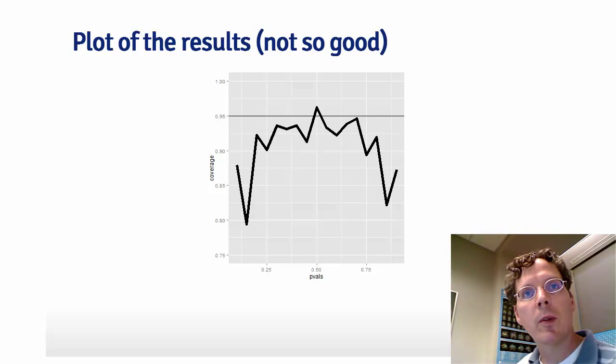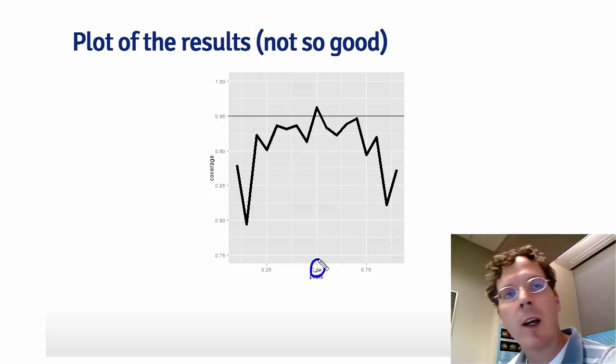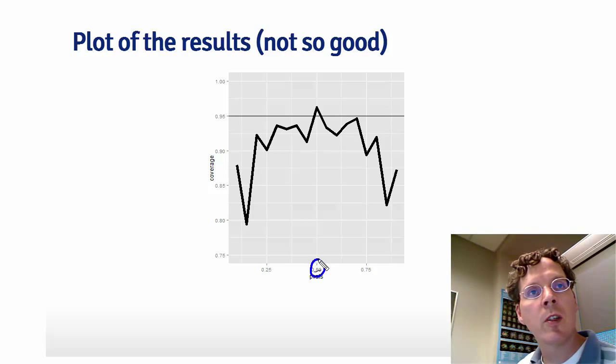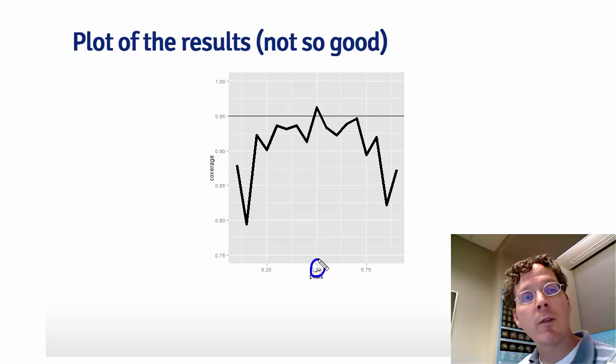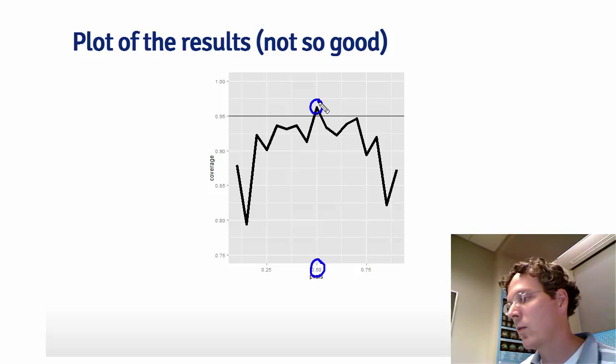So for example, at the value 0.5, I flipped the coin 10 times, took the sample proportion, found the confidence interval, and then gave it a 1 if it covered the value 0.5 or not. I did that 1,000 times, and in this case, over 95% of the time, it did in fact cover that probability.